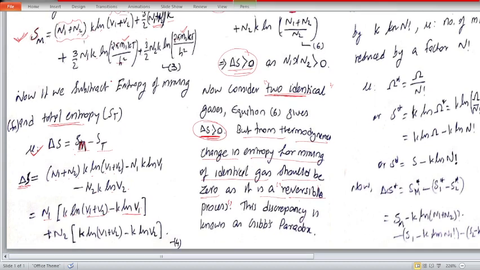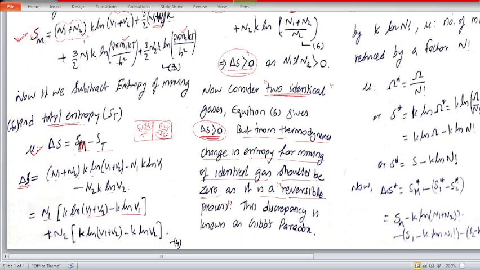If you are considering two identical gases, I will draw that diagram again. Like this, with N1 number of particles here and N2 number of particles there, volumes V1 and V2, and temperature T. If you remove the center barrier, mix the identical gas, and after some time put the barrier again, you can see N1 number of particles here with volume V1 and T, and N2 number of particles here with V2, since they are identical particles.